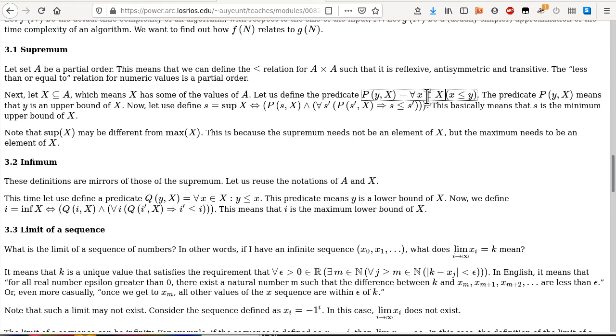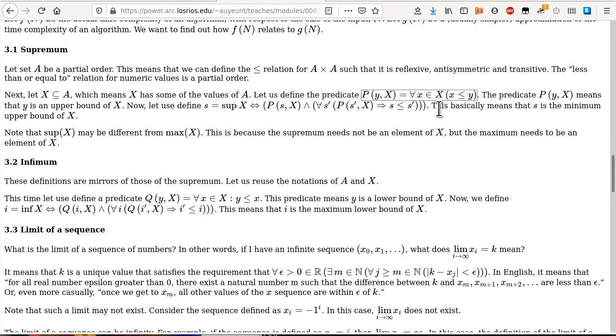So are there any questions about the predicate P? No questions? Okay. So P returns true if and only if y is the upper bound of the entire set X. That's all it is saying.